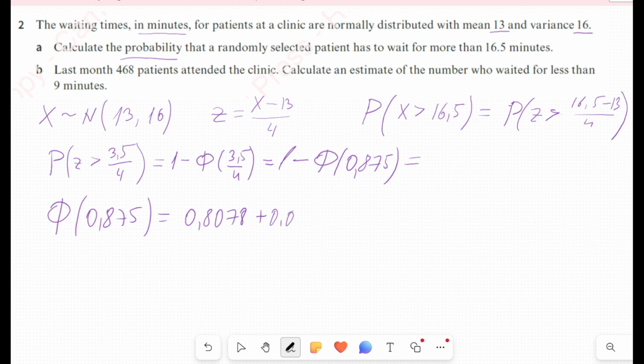So 0.8078 plus 0.0014, and finally we get 0.8092.